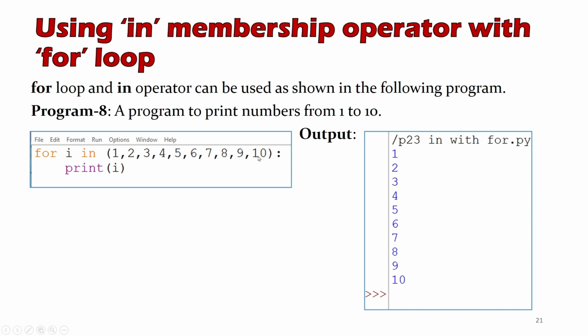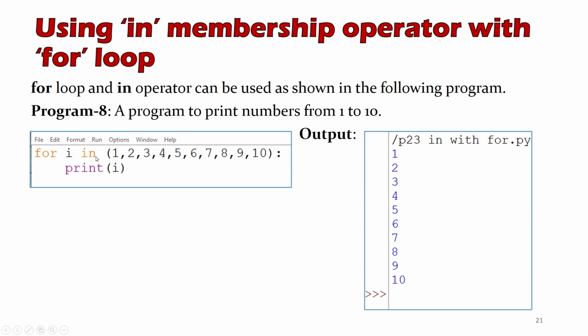Here I have given these numbers in sequence, but they could be in haphazard order also. It is not checking whether the number I is present in the group; it is just putting the first value in I in the first iteration, then the next value, then the next value, and thereafter till it reaches the last item.